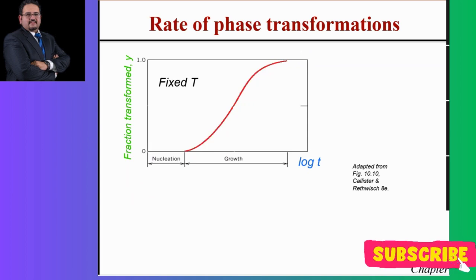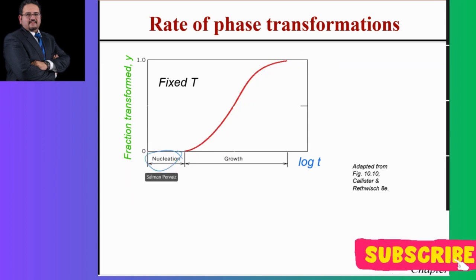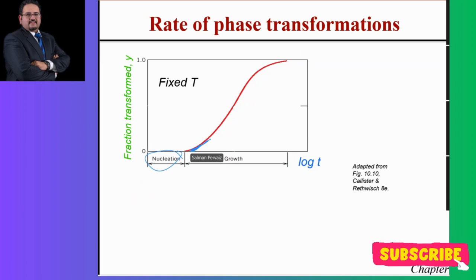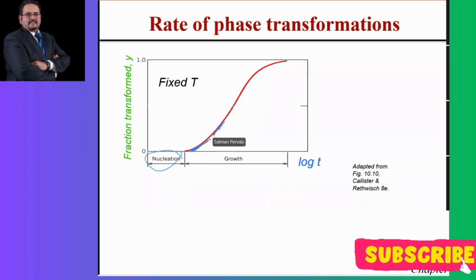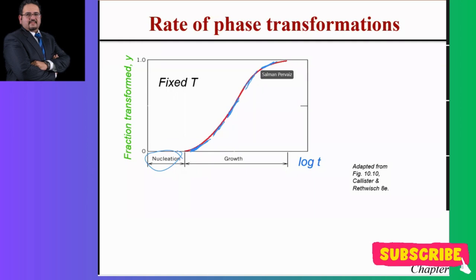Students, when nucleation starts, you can see this. Initially, the rate is what? Rate is the slope. The rate is less, then suddenly the rate is picking up, right? Like here, the slopes are changing. And then after some time the slope starts to decrease again, right?